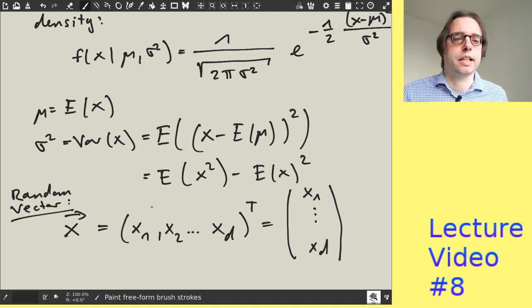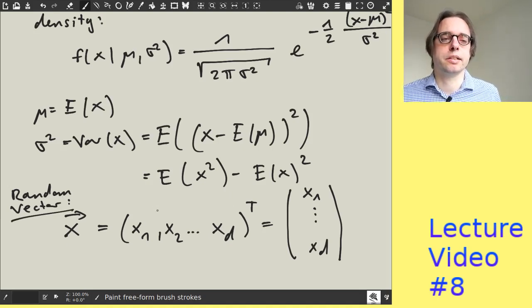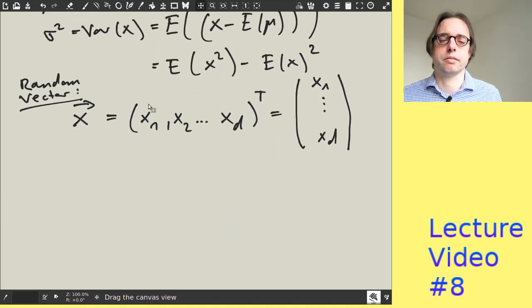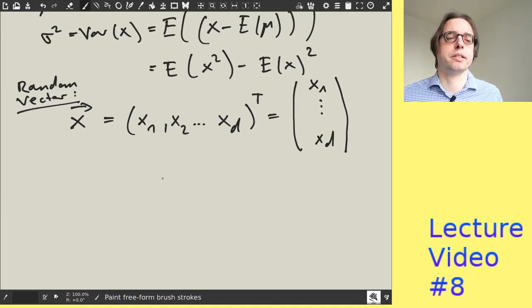And in a subsequent course, namely in multivariate statistics, we'll work a lot with random vectors. In this course we only very rarely work with them, but if we do, we need a very specific distribution, namely the multivariate normal distribution.